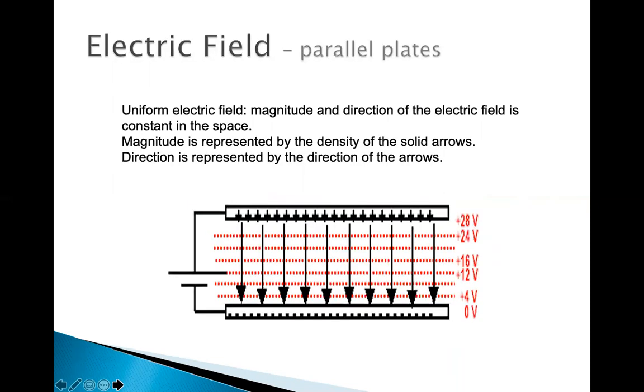Another type of electric field that's going to be used very often in this class is what we call the electric field between parallel plates. These electric fields are uniform, meaning between the two plates that are very close to each other, the electric field is constant, with the same magnitude and direction at every point.